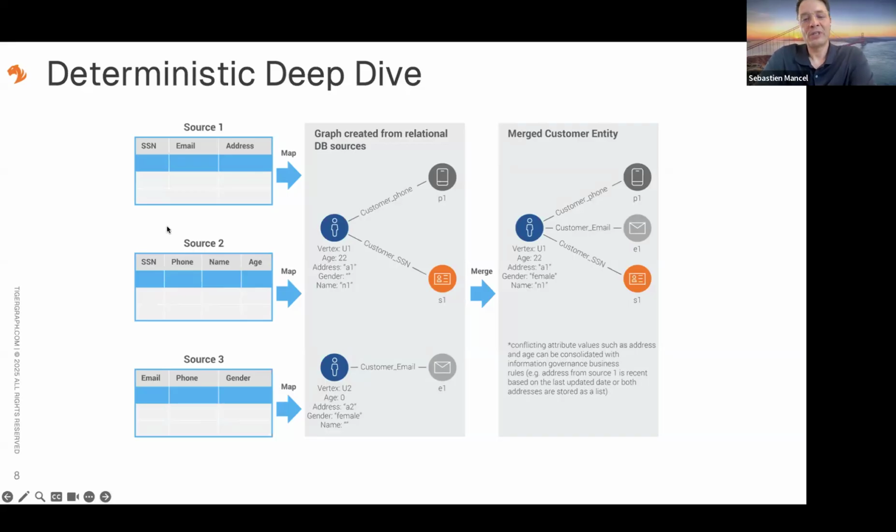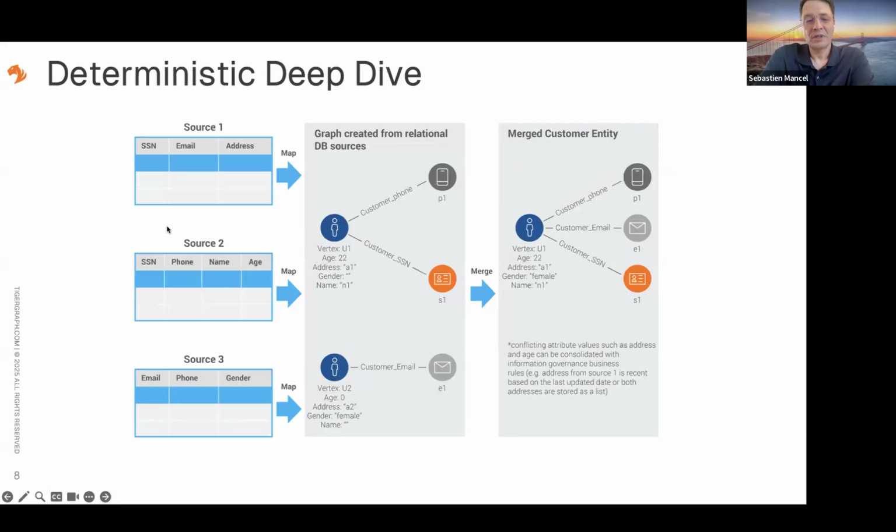So let's think of a real-world example. Imagine a bank retail division has a record with customer Social Security and address. The wealth management division has the same Social Security with a phone number and date of birth. Meanwhile, the credit card system only has the customer's email and phone. So in a table world, these remain as three separate records.